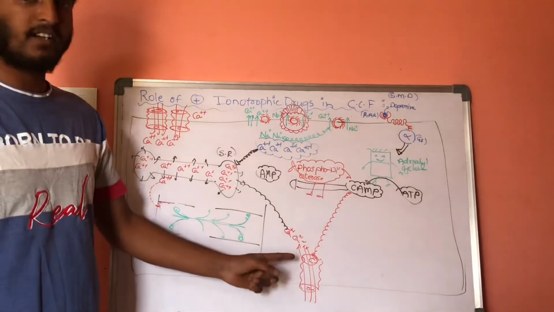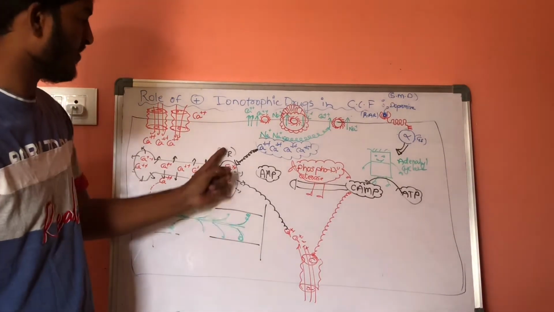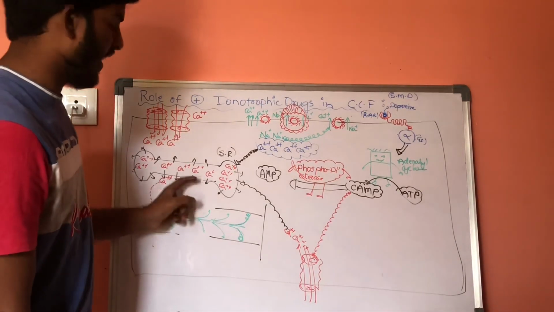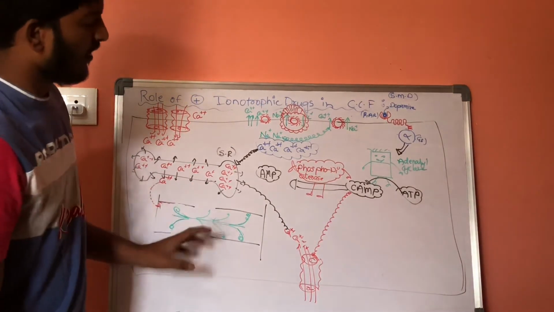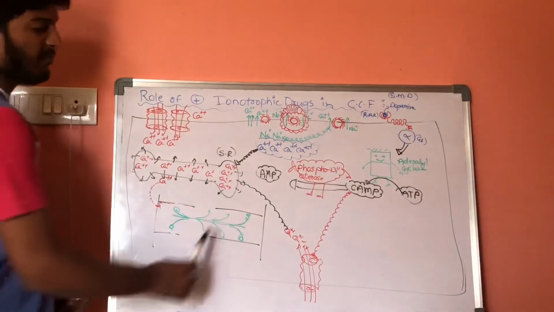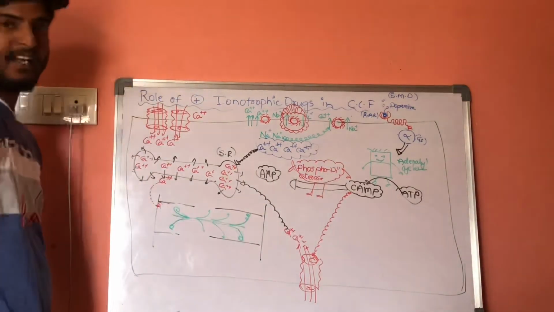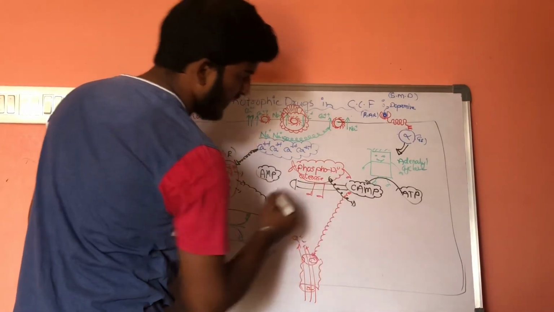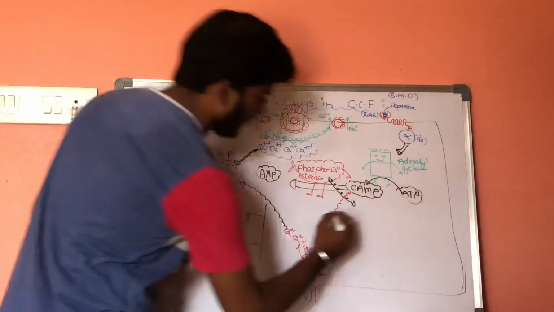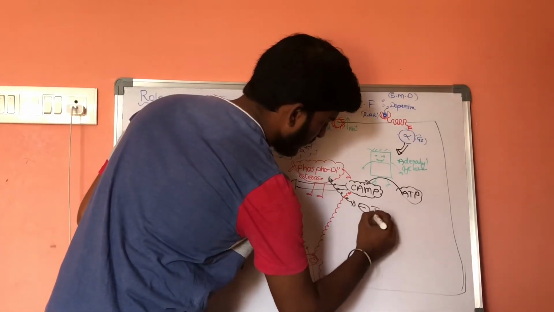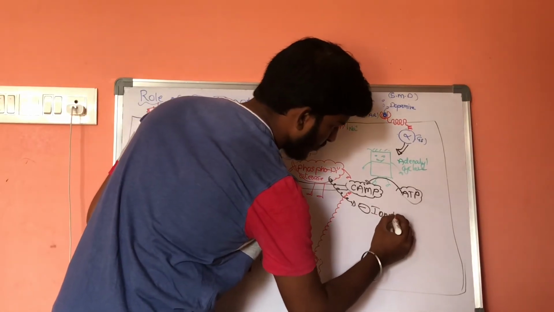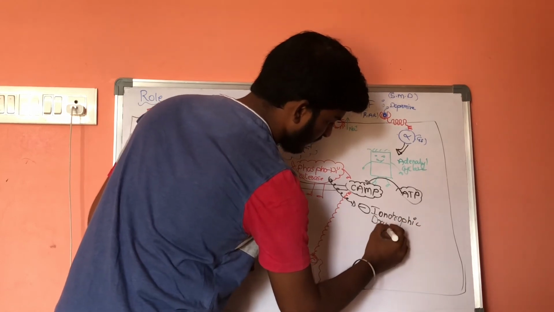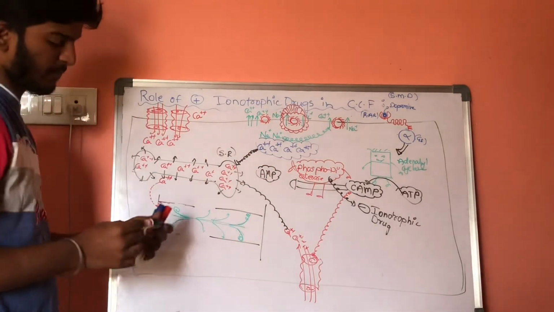If there is no influx of calcium ions, there is no activation of the sarcoplasmic reticulum, and there is no contraction. Now, this phosphodiesterase enzyme is acting as a negative inotropic drug.